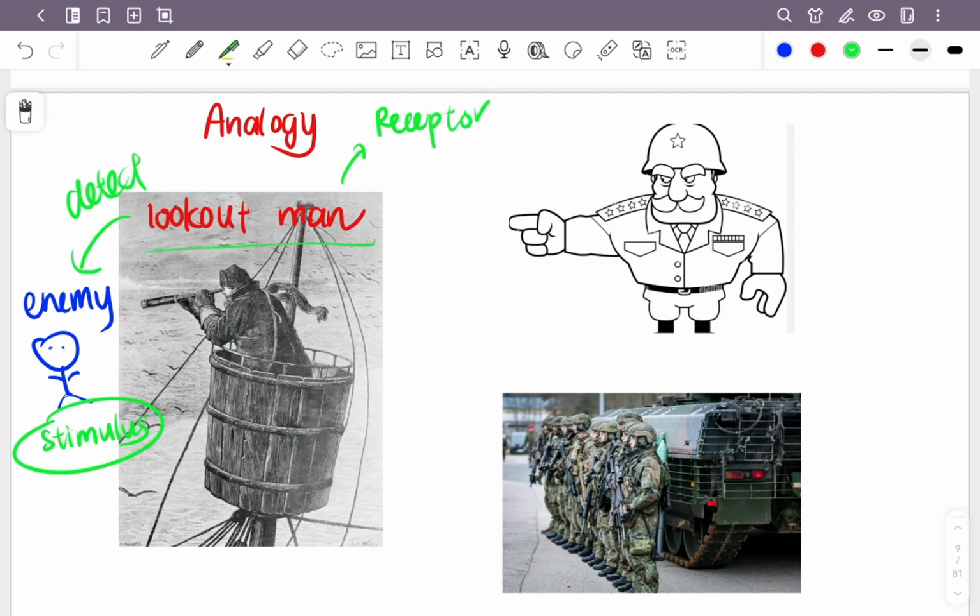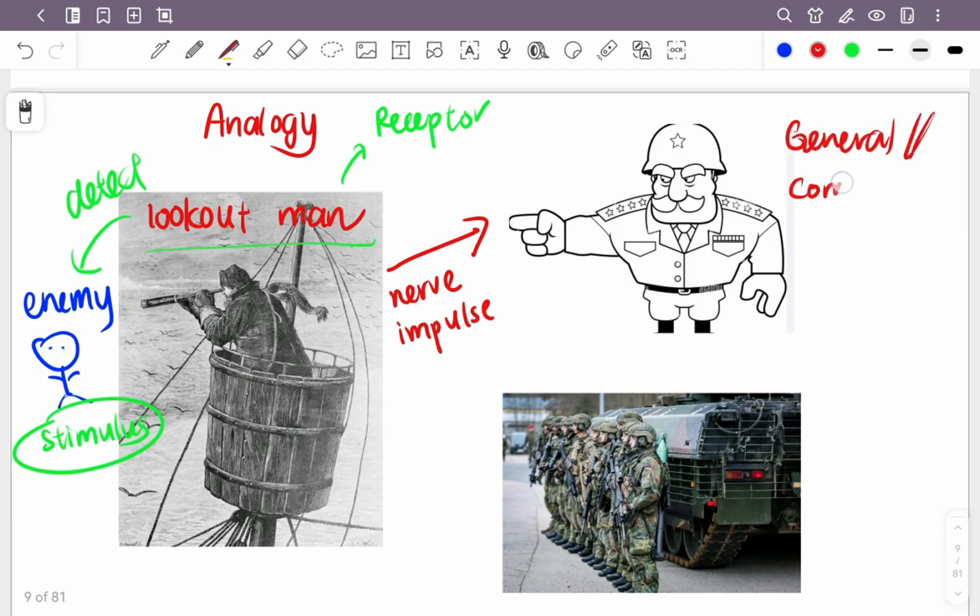So he's going to send the signal or this information, which in scientific terms we call a nerve impulse in our body. Since this is an analogy, he's giving information to the general, or what we call the commander.